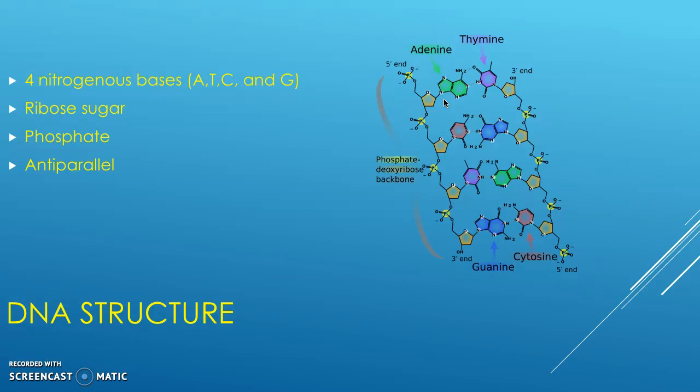Another important feature to note is that DNA is antiparallel, and this is in respect to the numbered carbons on the deoxyribose sugar. One side of the helical ladder proceeds from the 5' to 3' end, while the other side goes 3' to 5'.